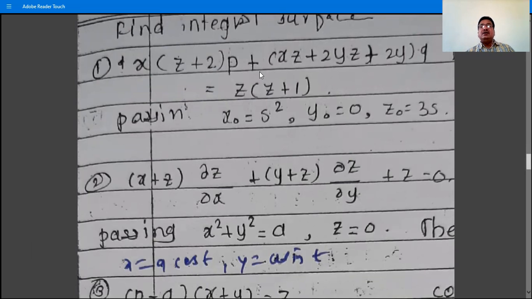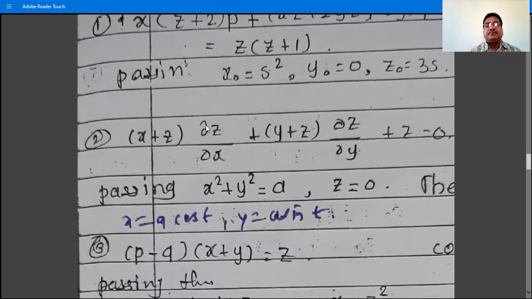That is, first find the general solution of this Cauchy linear differential equation Pp plus Qq is equal to R, and then the auxiliary equation dx by P, dy by Q and dz by R, and then find their two linearly independent solutions, suppose equation number 3 and 4. And from equation number 3 and 4, after substituting x as s square, y as 0, z as 3s, find the relation between C1 and C2, and then we have the solution of this problem.